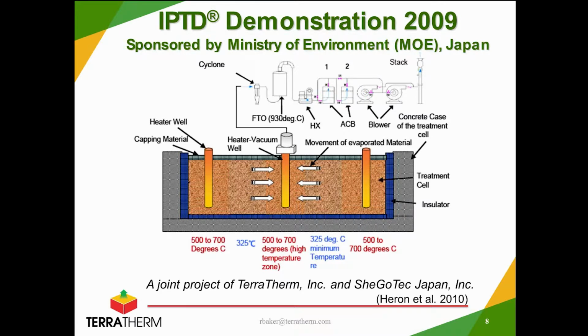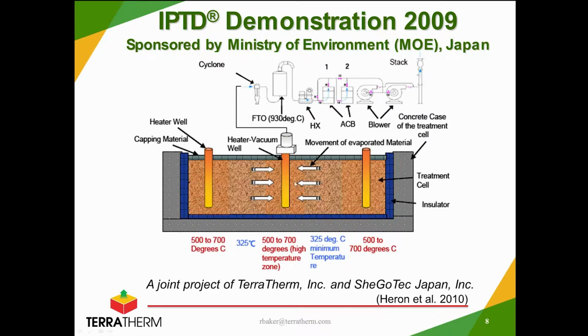This project was highly scrutinized by the Japanese government and academia, and involved placing 1 cubic meter of heavily dioxin-contaminated soil in a box that was insulated on the bottom, sidewalls, and top, into which were installed heater wells and vacuum wells, with the resulting off-gas going into a thermal oxidizer, heat exchanger, activated carbon vessels. These are the blowers, and the stack.